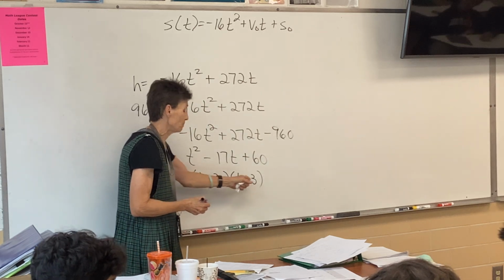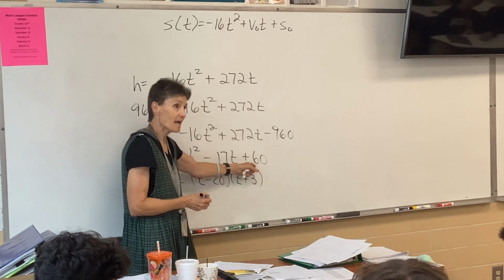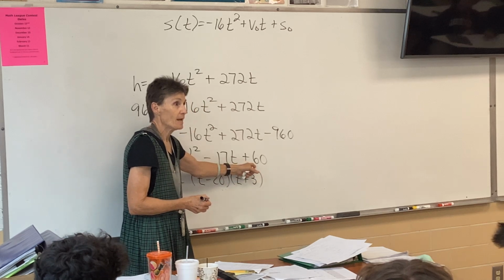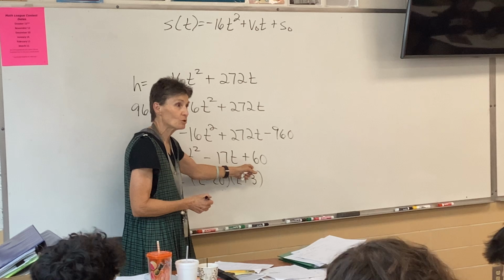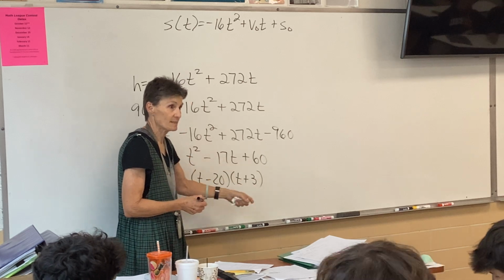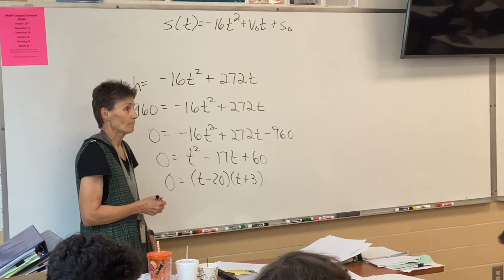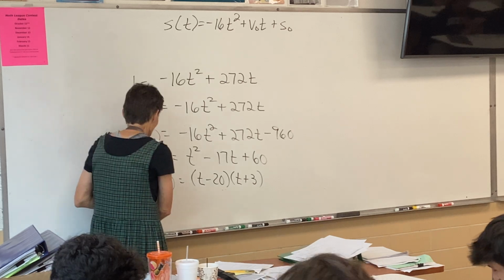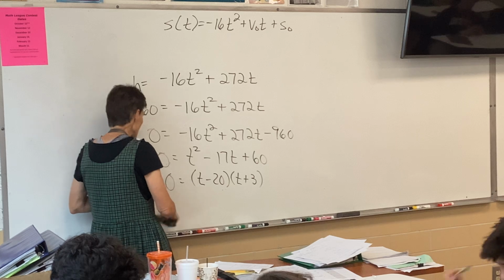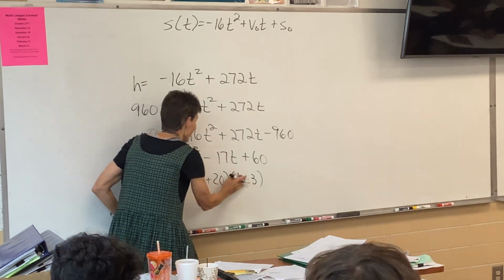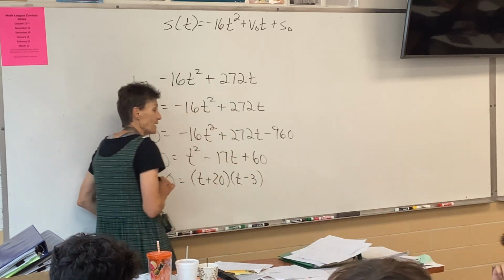But they multiply to be negative 16, and you need them to multiply to be positive 60. Those are not the right factors. Changing the signs ain't gonna help, because it's still negative 60.